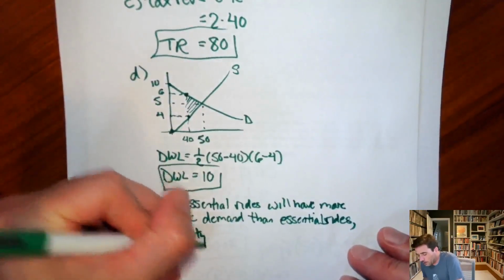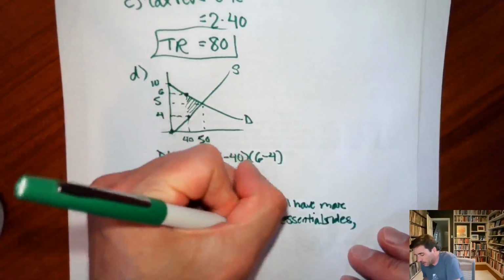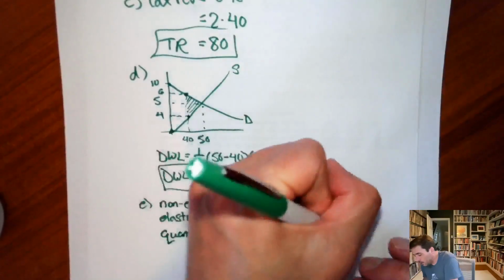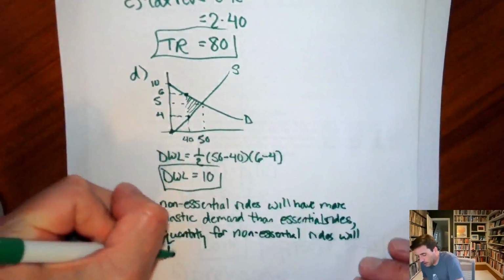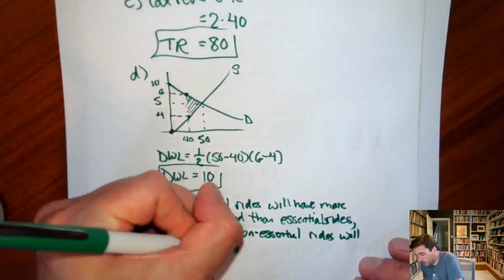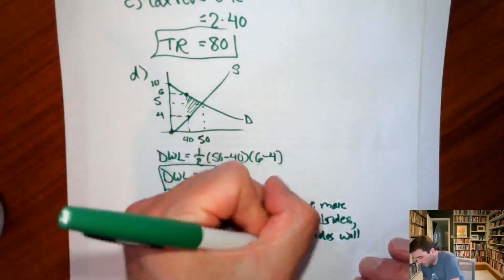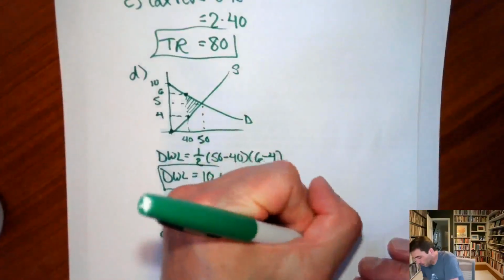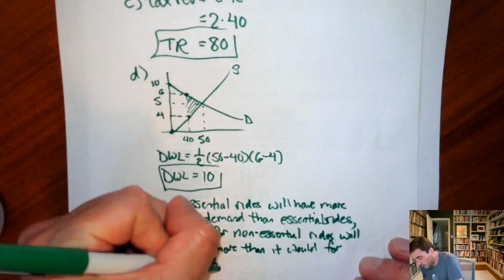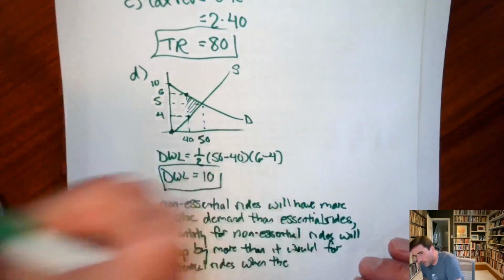Quantity for non-essential rides will drop by more than it would for essential rides when the tax is imposed.